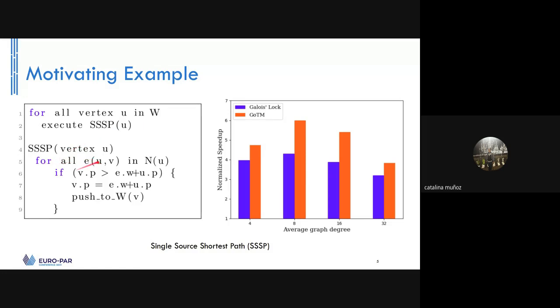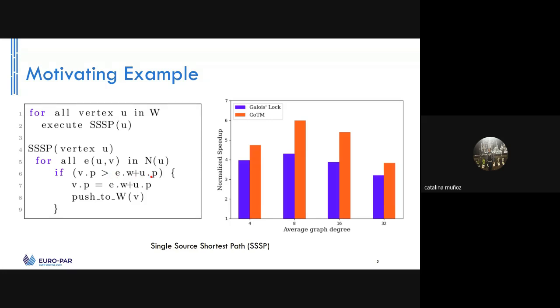So what I do is grab the vertex, and then I iterate over all of the neighborhood of the vertex, and update the path weights of all of the vertices in the neighborhood.